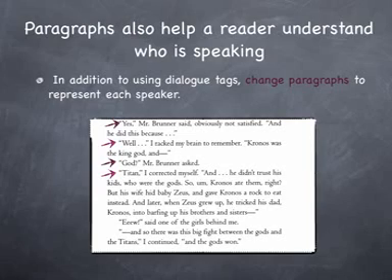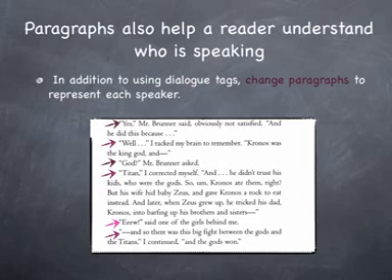And later when Zeus grew up, he tricked his dad, Kronos, into barfing up his brothers and sisters and..." "Ew," said one of the girls behind me. A new speaker is introduced, and so a new paragraph is also created. "And so there was this big fight between the gods and the Titans," I continued, "and the gods won." This ends with Percy speaking, and once again, Riordan changes paragraphs.